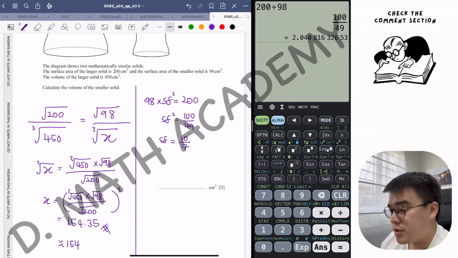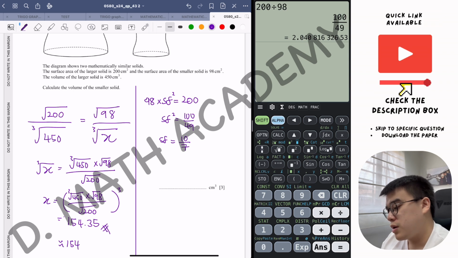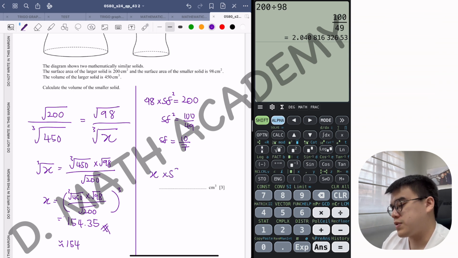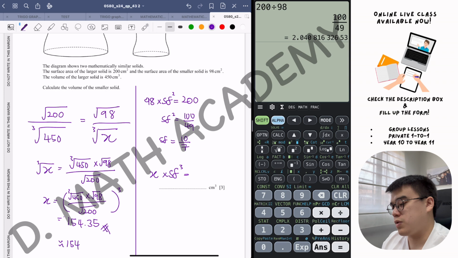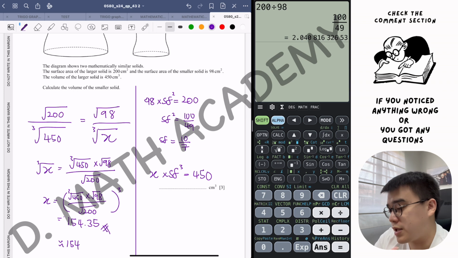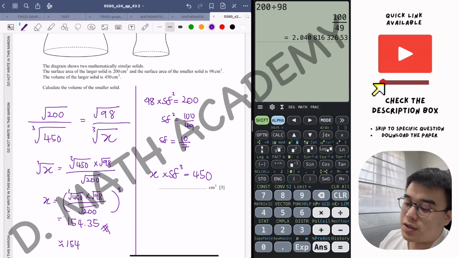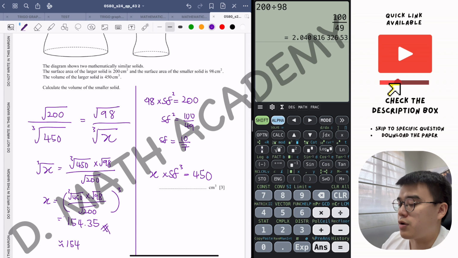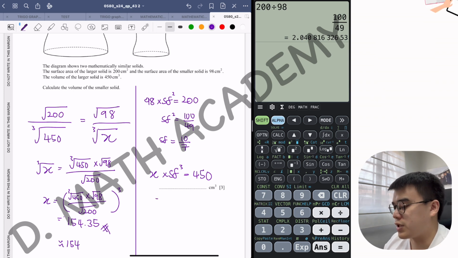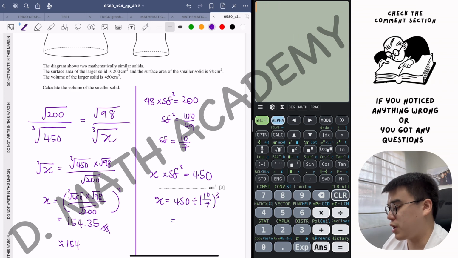So from here, taking the volume of the smaller one, x times SF cubed equals 450. The catch here that you notice is that for the comparison method, we will be using square roots and cube roots. For the scale factor method, we are actually squaring or cubing the scale factor. So 450 divided by 10 over 7 cubed, you should be able to get your answer.